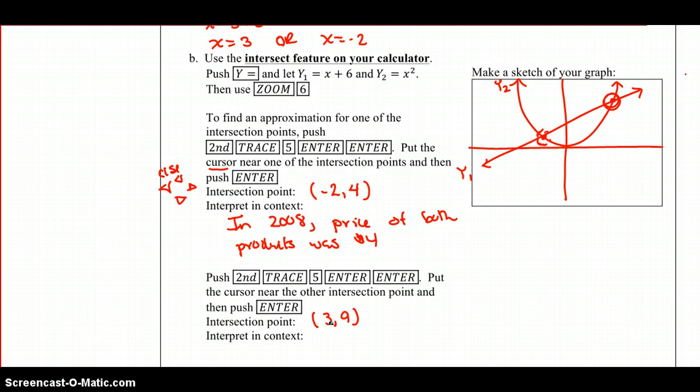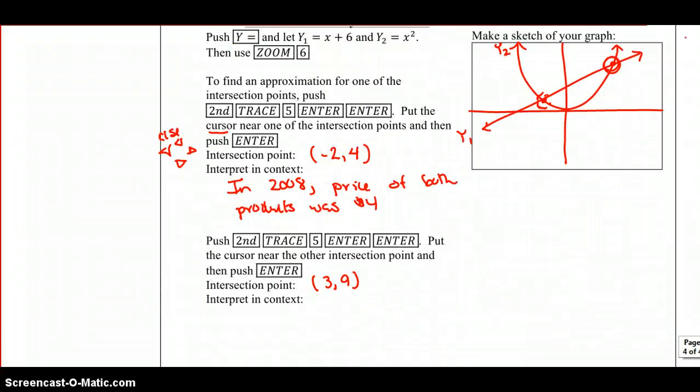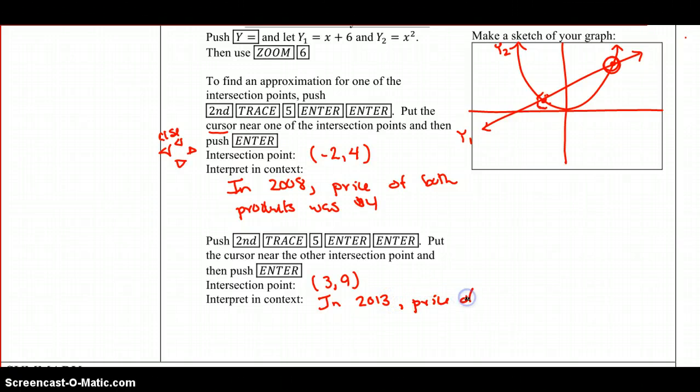And 3 years since 2010, so in 2013, again, the price of both products was the same, only there they were both $9. So one product had a steady increase in price. Our other product kind of dropped in price to the point of free, evidently, and came back up in price and met again here in the year 2013.